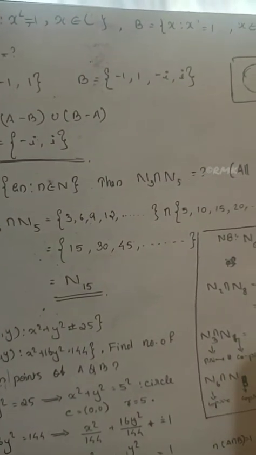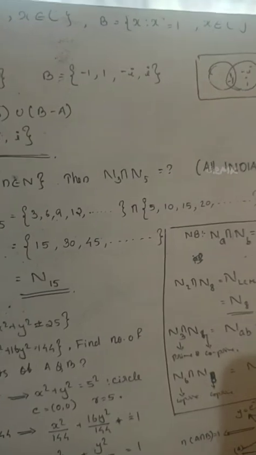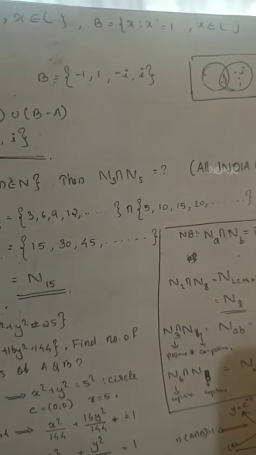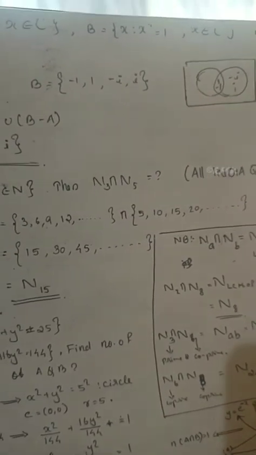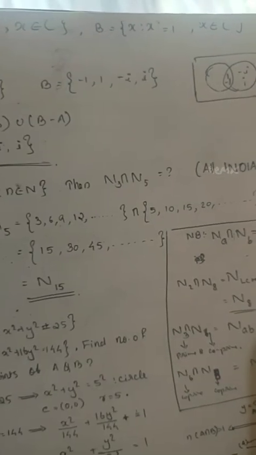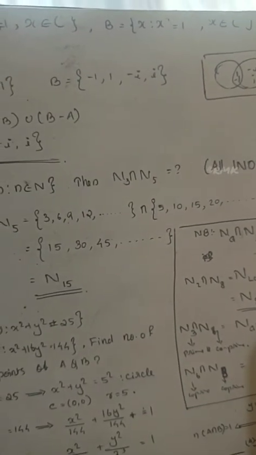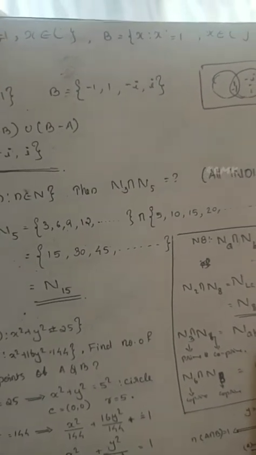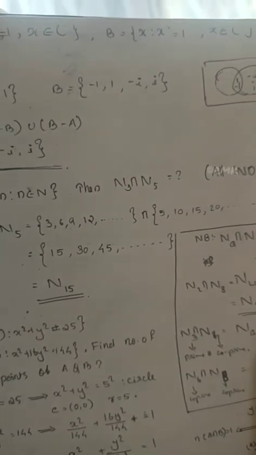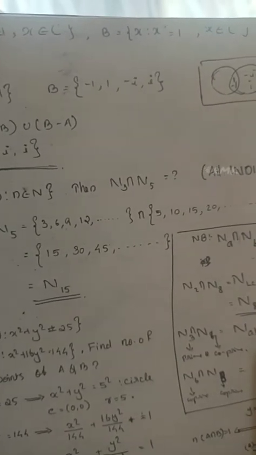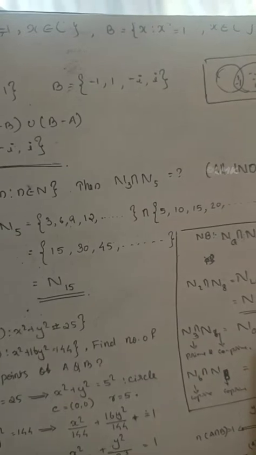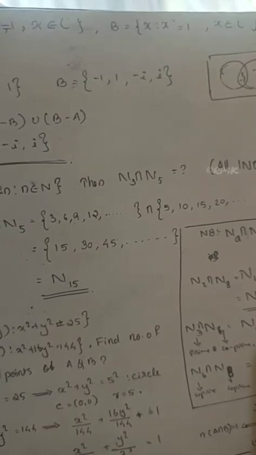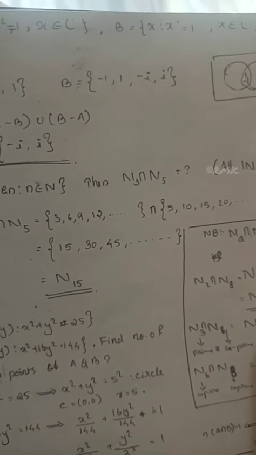B is the set of x such that x raised to 4 is equal to 1, x belongs to C. The holding members are: minus 1 raised to 4 is 1, so minus 1. 1 raised to 4 is 1, so 1. I raised to 4: in complex numbers, i raised to 4 is 1.